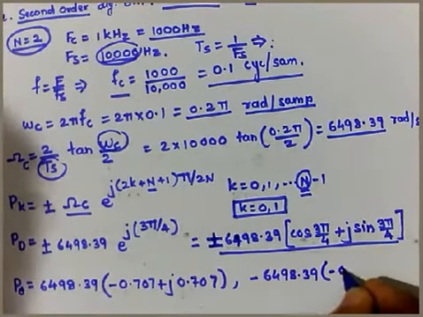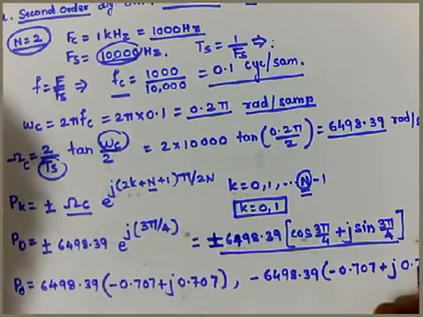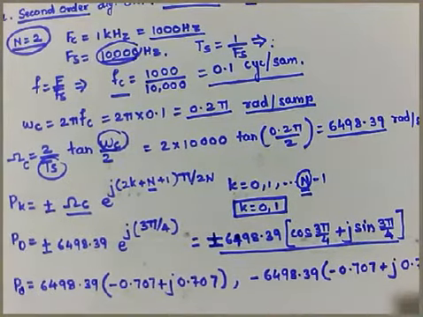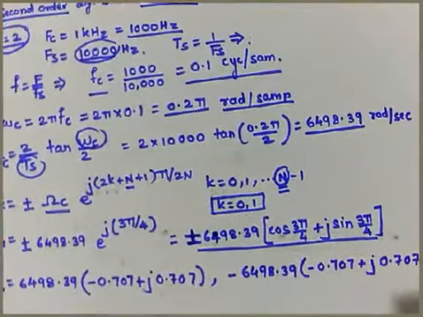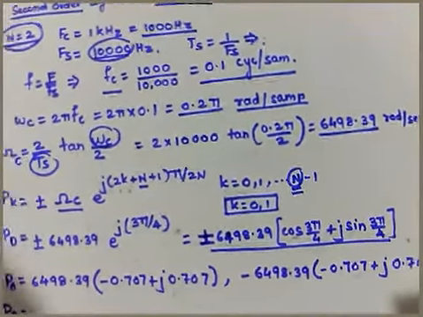So the next value is, again, the same. On solving this, we will be getting the value for P0.